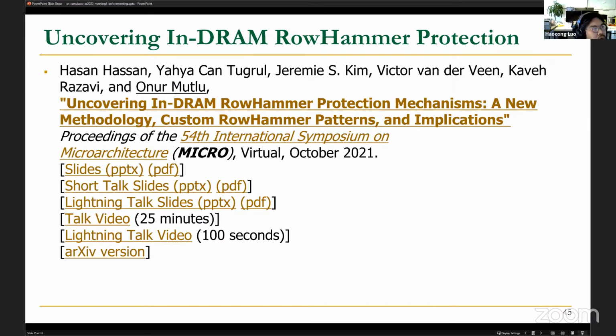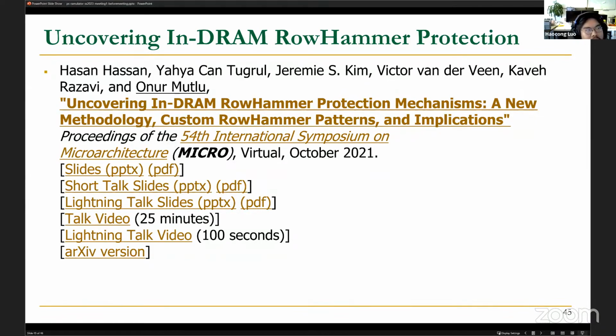At the same time, we also try to reverse engineer the existing RowHammer protection mechanisms that are already implemented in some modern DRAM memory chips, and we prove that these existing defenses from the manufacturers are not as secure as they claim.